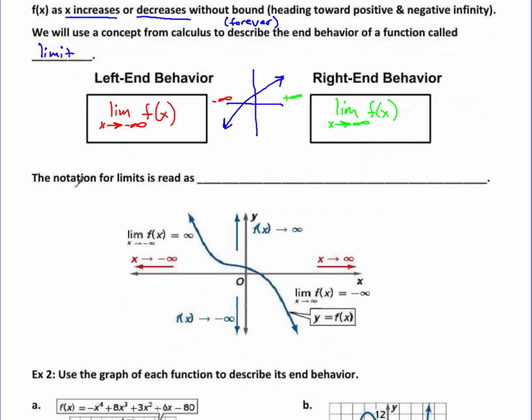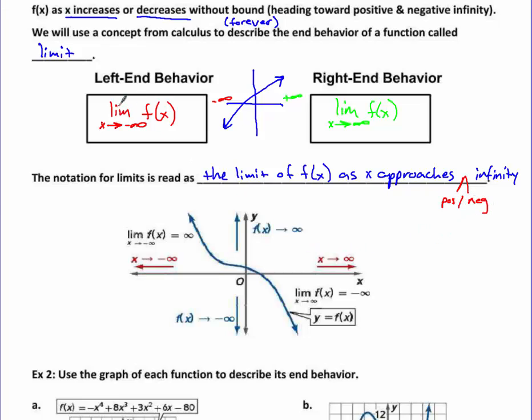So the way we say this is the limit of f of x as x approaches infinity. Notice I left a little space here because you're always going to have to insert whether it's positive or negative infinity.